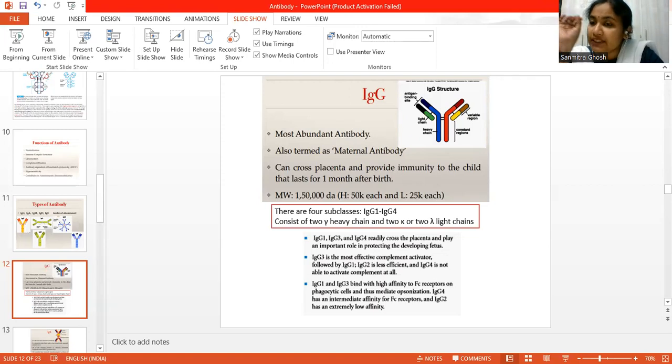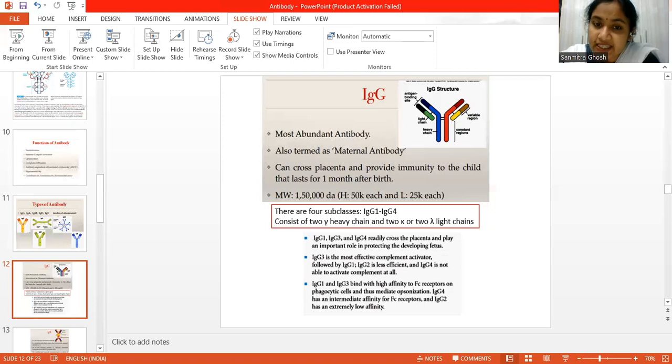So among these 5 different types of antibodies that we are going to learn, this IgG is the only antibody which can cross the placenta and provide the immunity to the child, which can last for 1 to 2 months after birth. And within this 1 to 2 months, as it is continuously facing the assaults in the external environment, its immune system is getting trained and it is now becoming ready to produce antibodies of its own.